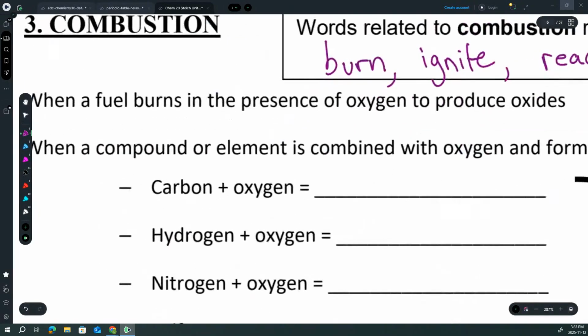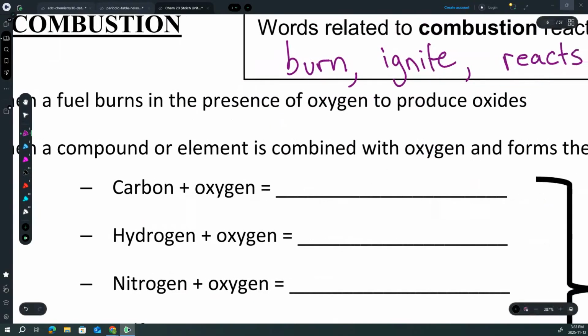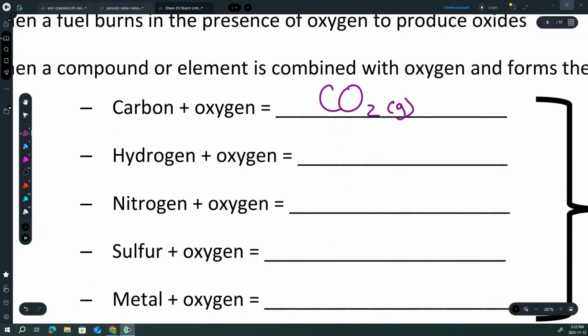To help you figure out which oxides are the most common oxides, we're going to make a list here. If you have carbon reacting with oxygen, the most common oxide would be carbon dioxide. With hydrogen and oxygen reacting, the most common oxide there would be water. I'm going to assume that these combustion reactions are going to be hot enough to produce water vapor.